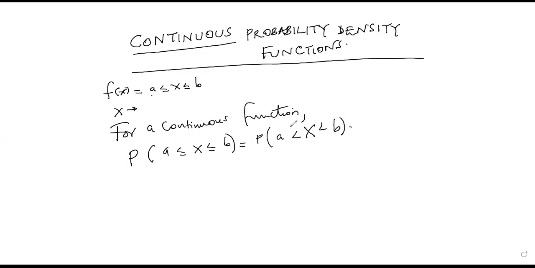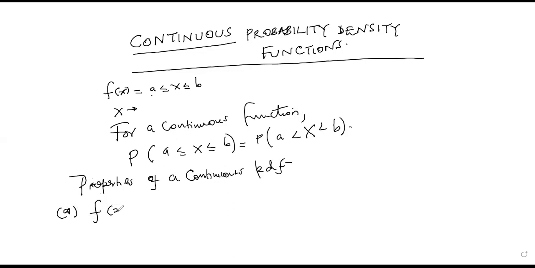But majorly, we need to know the properties of a continuous probability density function, PDF. Property 1 is that f of x is greater or equal to 0 for all values of x.